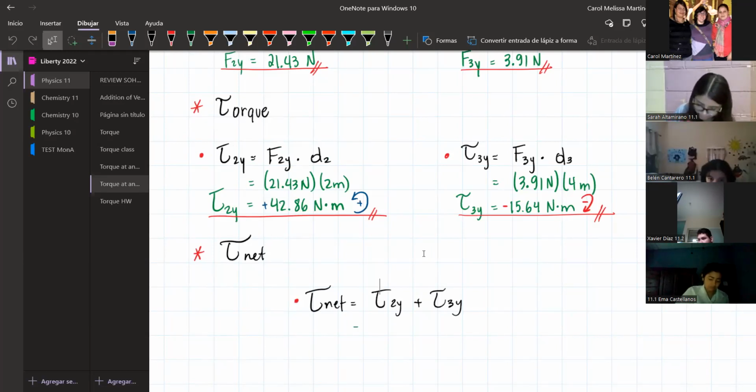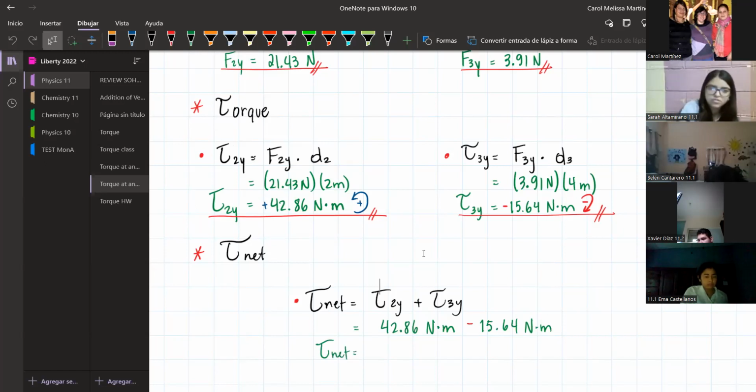This is equal to 42.86 Newton meter minus 15.64 Newton meters. That is 27.22.